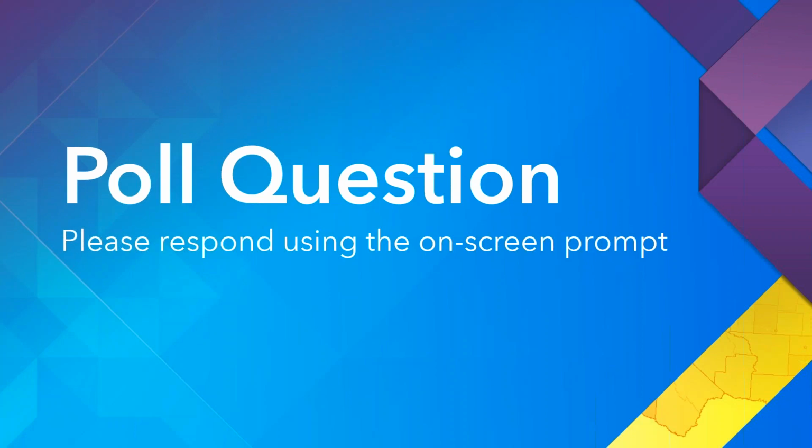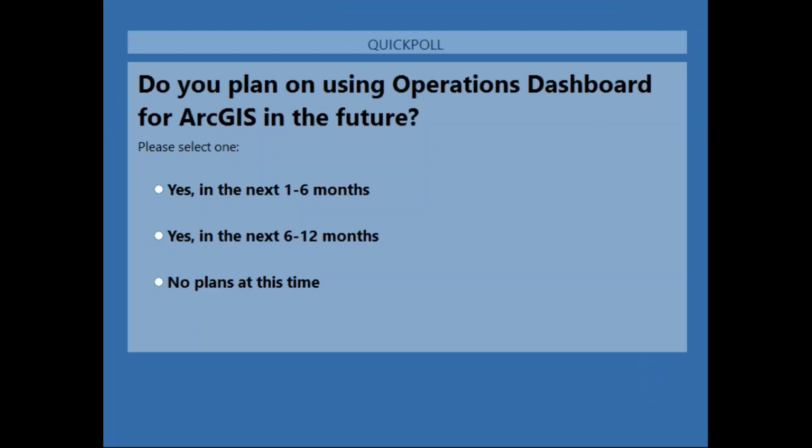I'm curious to know, now we're going to leave you with a final poll question. We're going to take a look at some of the questions that are also input in the system. But I'm curious to know, after what you've seen today, what you've learned, based on the first question we asked you, how many of you are actually planning to use Operations Dashboard in the future? So we're looking for timeframes here: in the next 1 to 6 months, maybe 6 to 12 months, or no plans at this time.